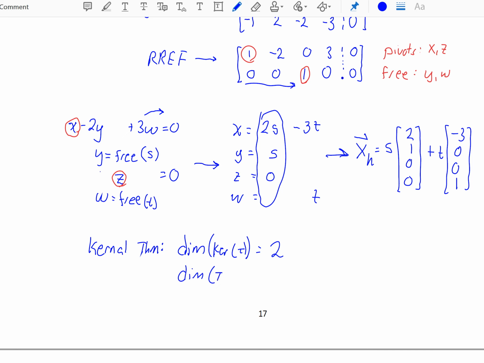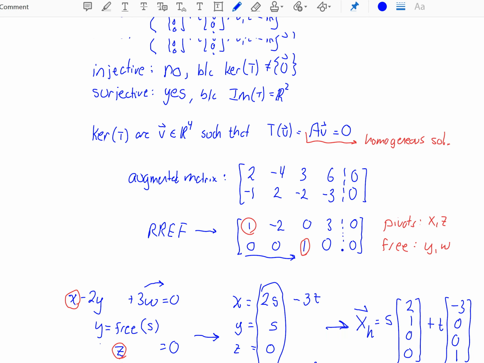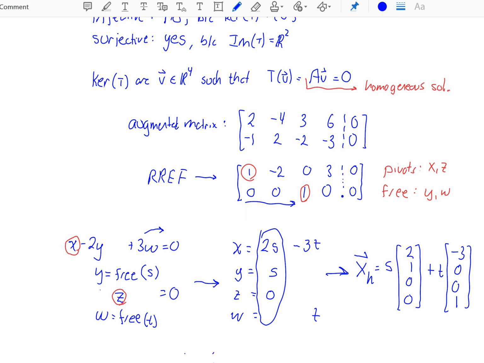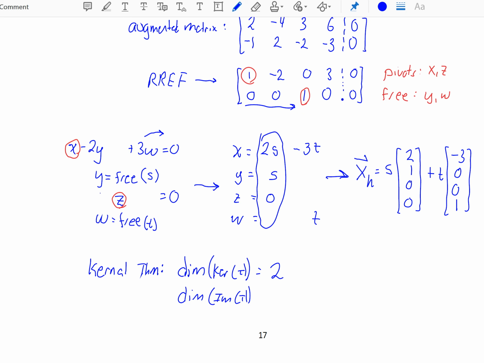And the dimension of the image of T, so remember the image of T we said is all of R2. So the dimension of the image of T is 2. And the sum of these is equal to 4, which is the same as the dimension of our domain.